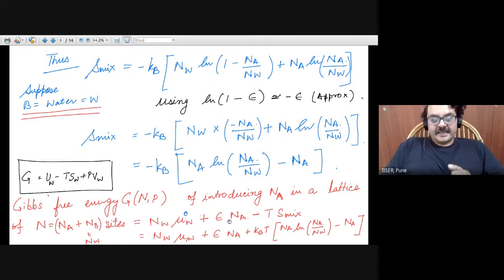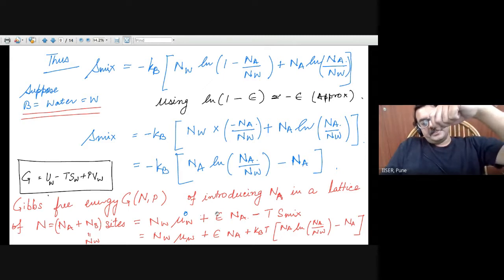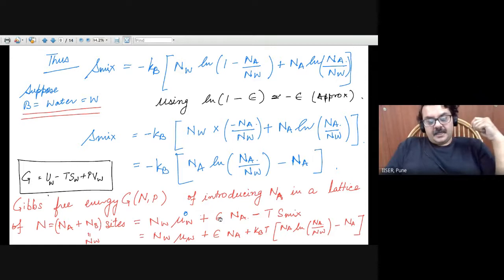And then these are the correcting terms. If there are A solute particles, each is surrounded by solvent particles, and the energy cost is epsilon. That's why plus epsilon into Na. Here we are assuming dilute solutions, ignoring AA interactions. And minus T times the entropy of mixing.